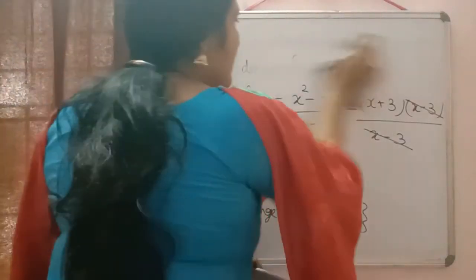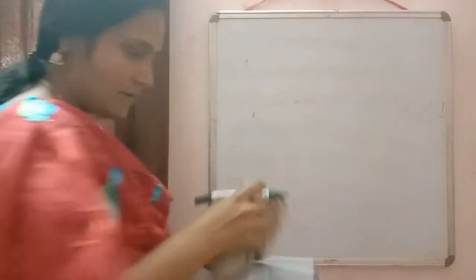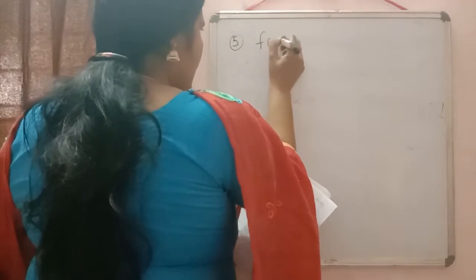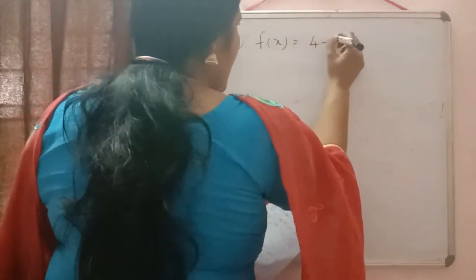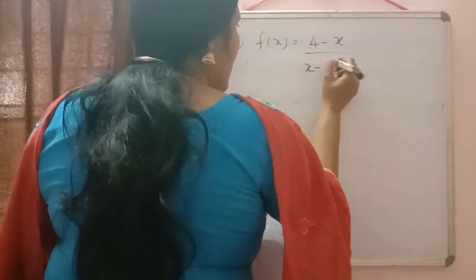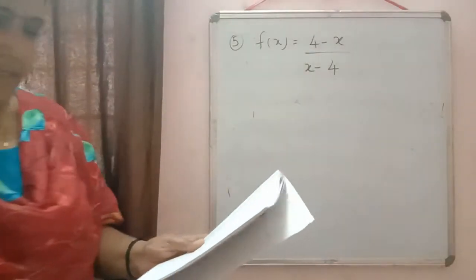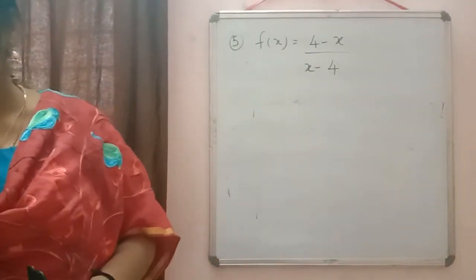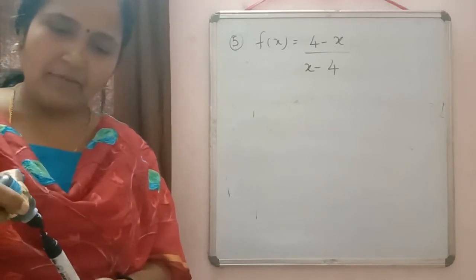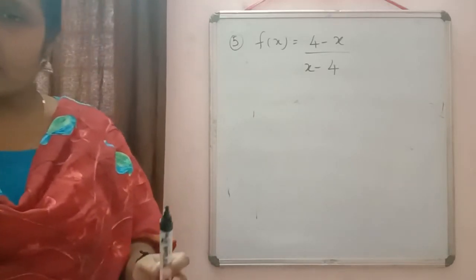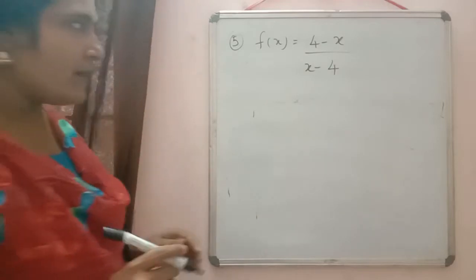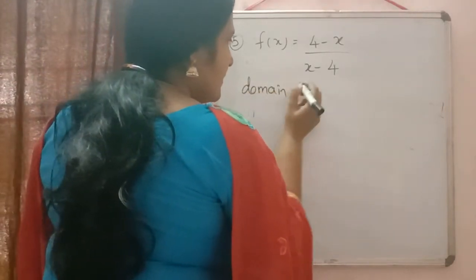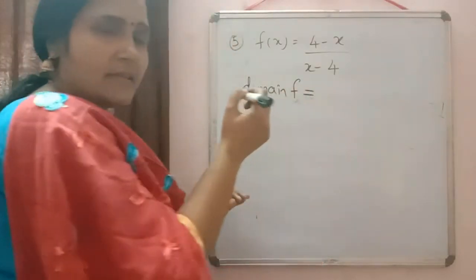f of x is equal to (4 minus x) by (x minus 4). So again, can you tell me what the domain will be? Yes, I think you have written the domain.